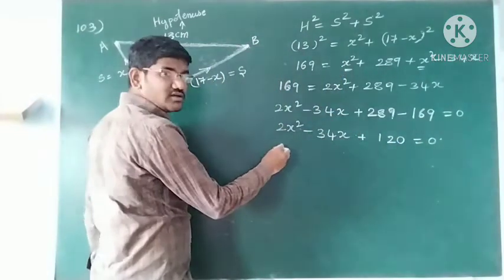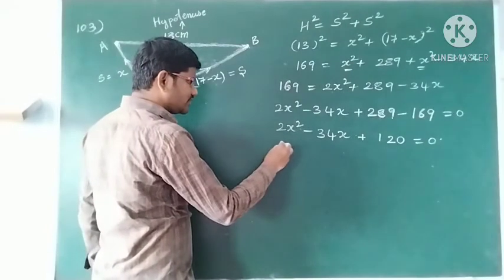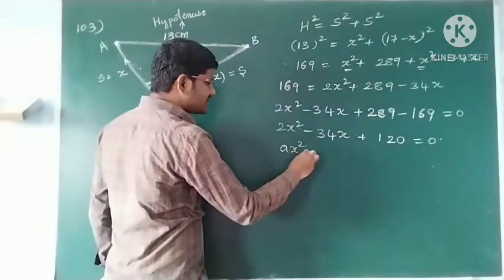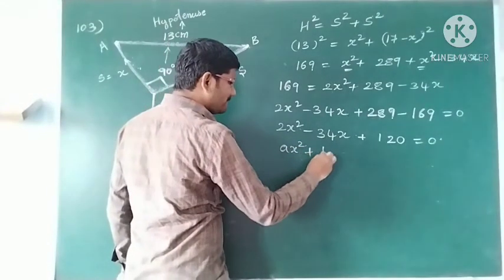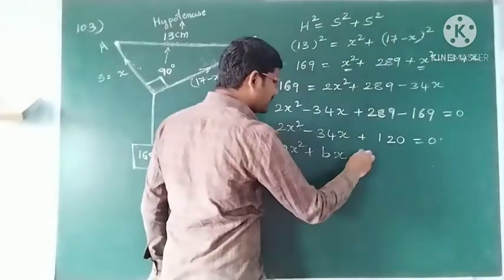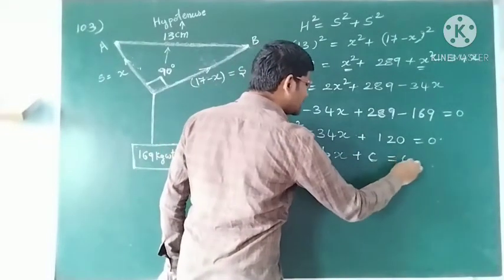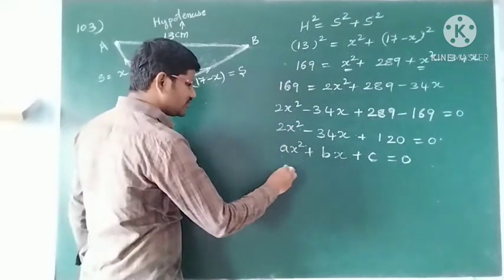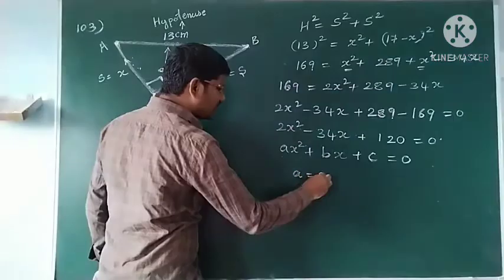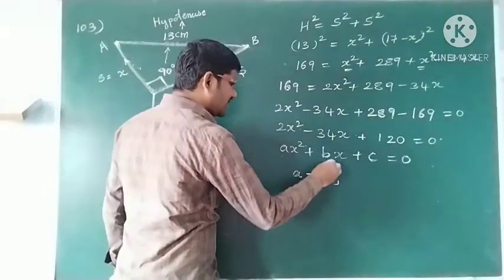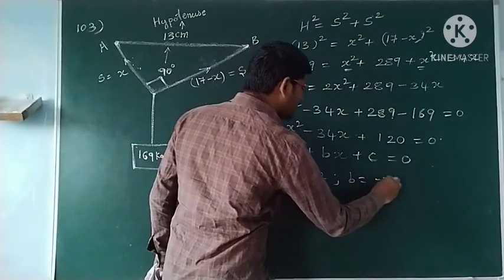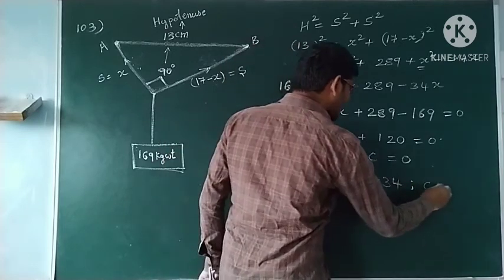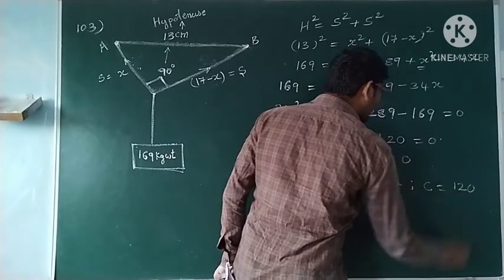For its roots, I am comparing this with the quadratic equation ax square plus bx plus c is equal to 0. Then a is equal to 2, b is equal to minus 34 and c is equal to 120.